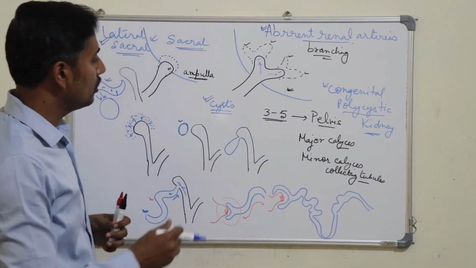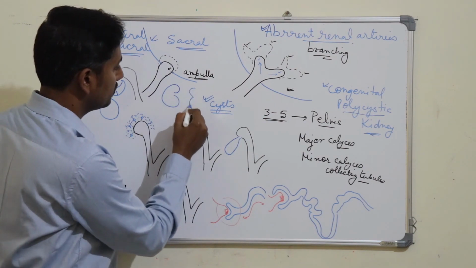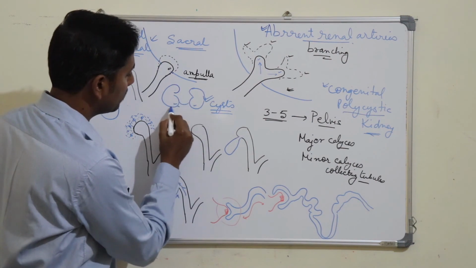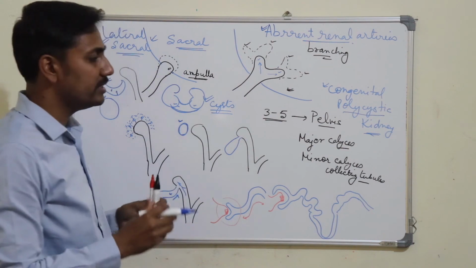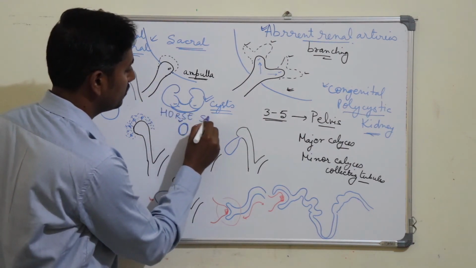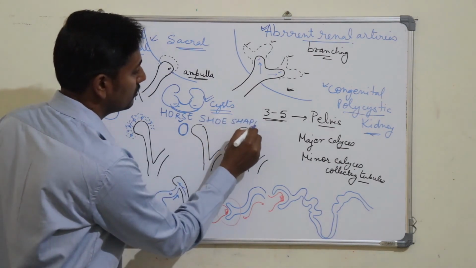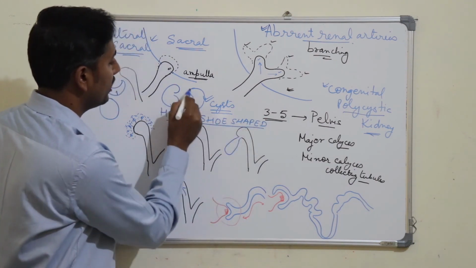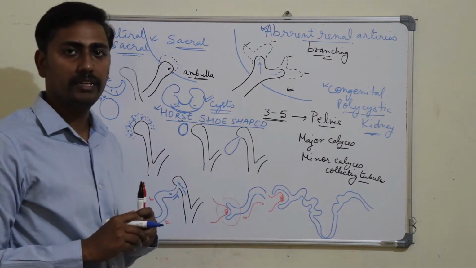Sometimes the lower poles of the two kidneys, these two lower poles, get fused together to form a horseshoe-shaped kidney. Since it looks like a shoe of the horse, therefore it is known as horseshoe-shaped kidney.